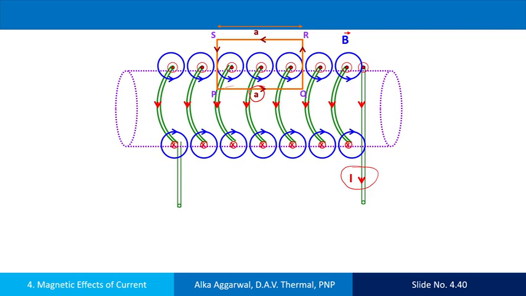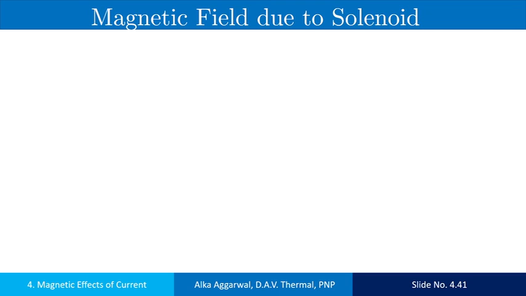The magnetic field inside the solenoid is uniform and the magnetic field outside the solenoid is very weak, and we consider it almost zero. Now we apply Ampere's Circuital Law to this solenoid.